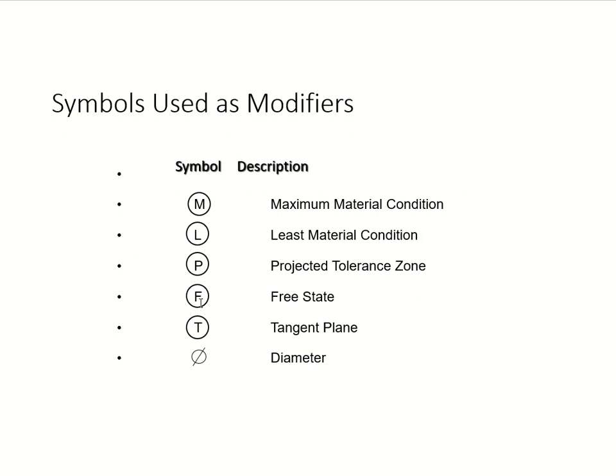Free state is your F. Tangent plane. Usually you can see the circumference of your circle. And then of course, this is another circle, diameter of the circle, and you know this. You have radius, diameter, spherical radius, spherical diameter, little S on it. But don't forget all of your symbols.